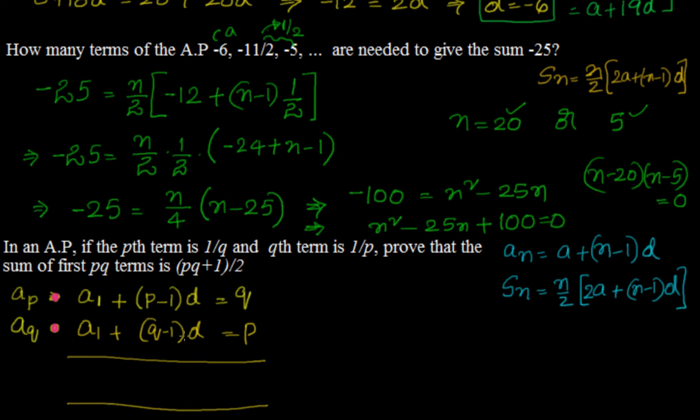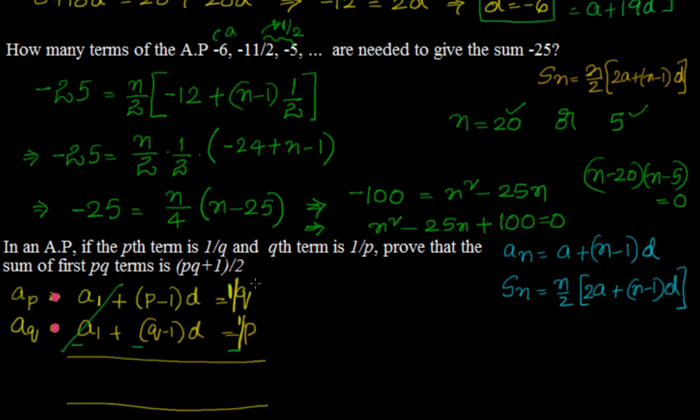What I will do, I'll simply go for subtraction. If I subtract them, a1 cancels out. You have to pardon me, there is a small typo I have overlooked here. I'll just change it. We know that the pth term is 1 by q and the qth term is 1 by p.